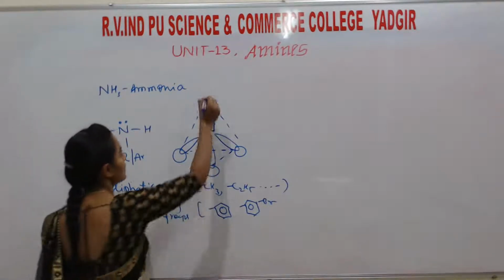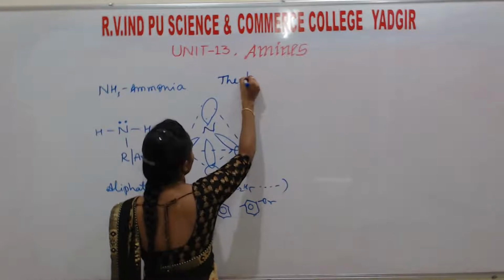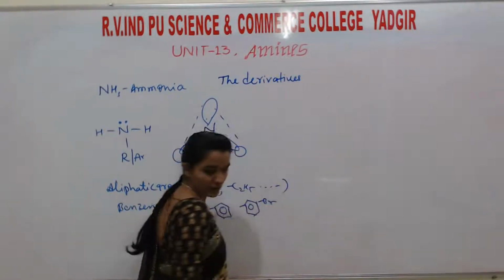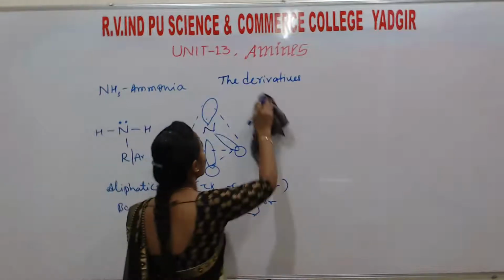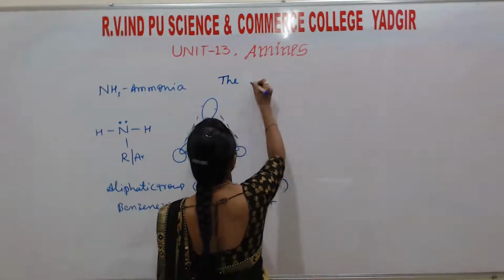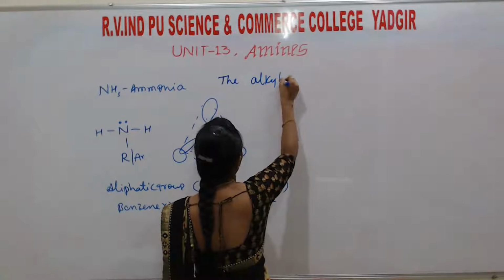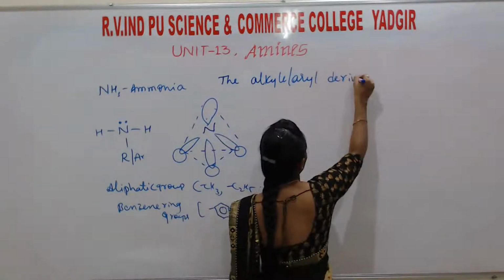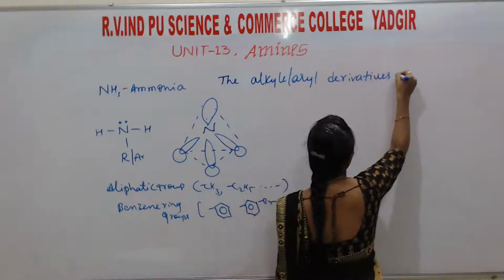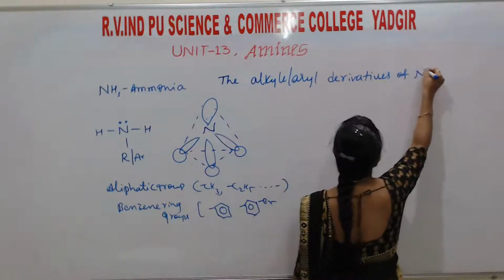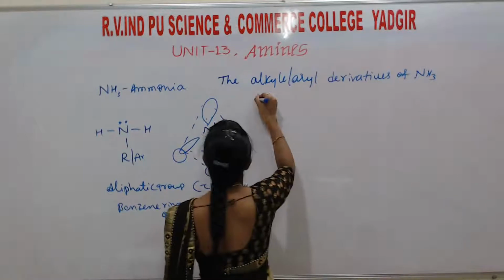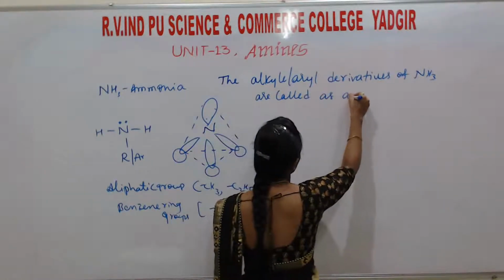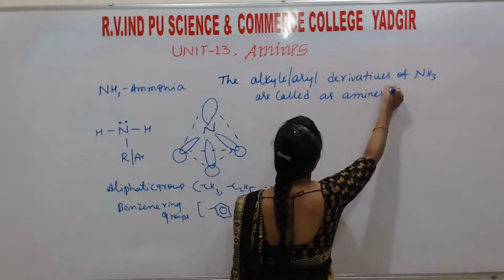So what are amines? The alkyl or aryl derivatives of ammonia are called amines.